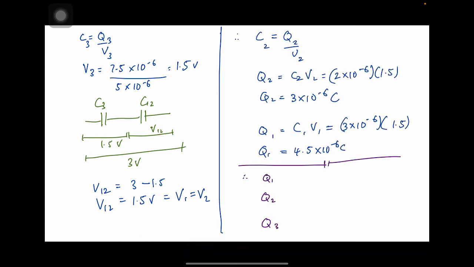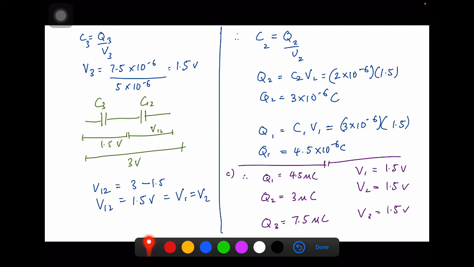Now I can find the C2. Maybe I can try to redraw again for you guys. If you remember, this one is 1.5 volt and this one is 1.5 volt as well.